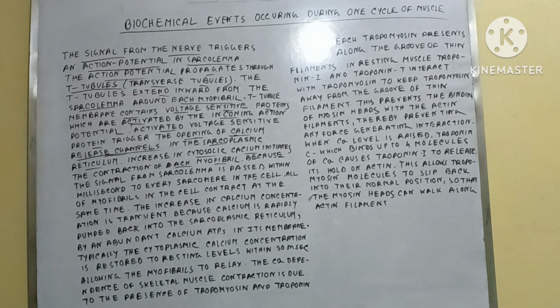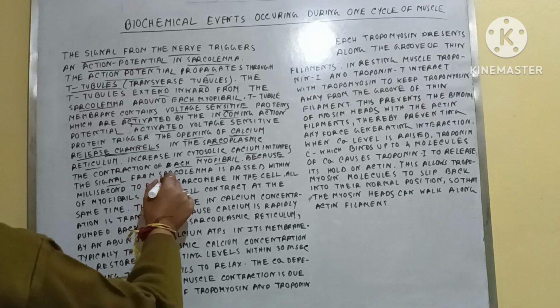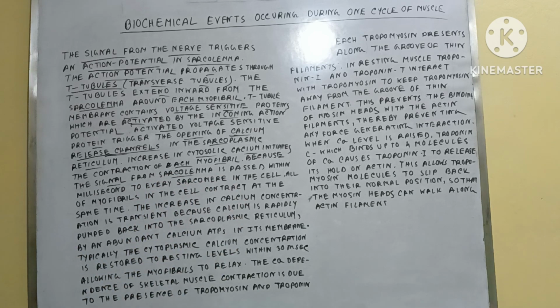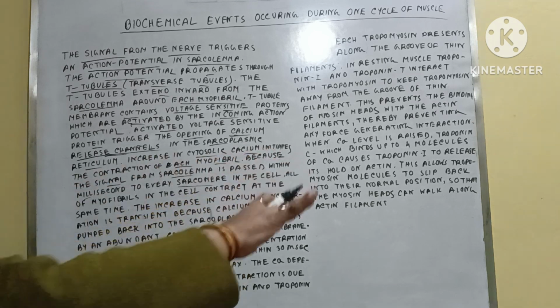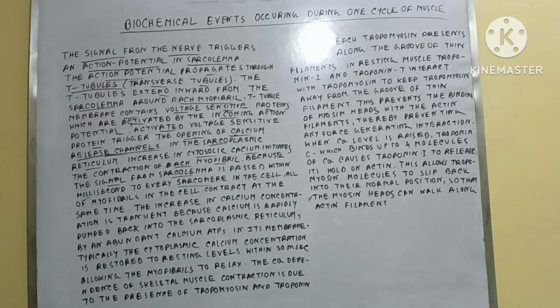Because the signal from the sarcolemma is passed within milliseconds to every sarcomere, the signal spreads all over the muscle cell within milliseconds. That's why the myofibrils in the cell contract at the same time. Okay.